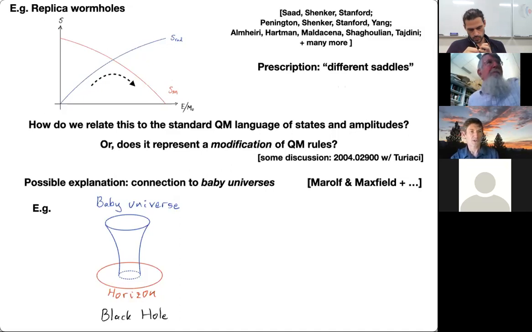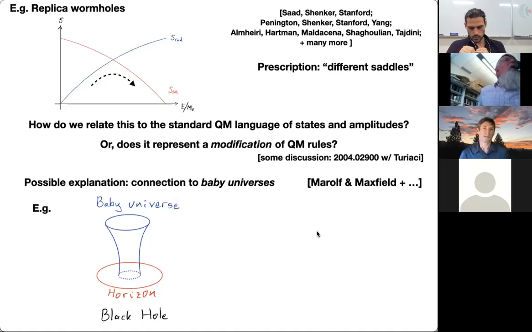But there is a question of how we relate this whole story to the standard quantum language of states and amplitudes, or does it represent some generalization or modification of quantum mechanical rules at a more basic level? And there's some brief discussion of that question in this paper with Turiaci.